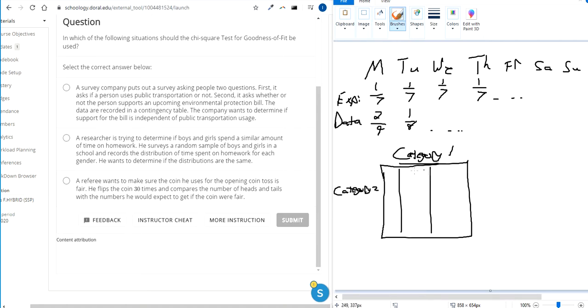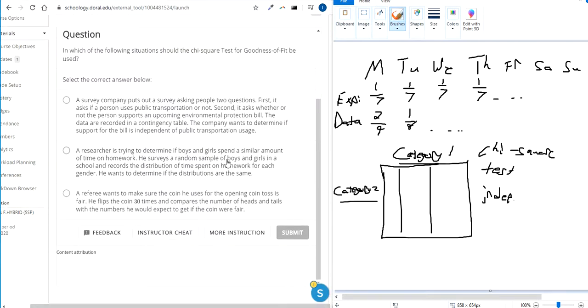You're testing to see whether these two categorical, in other words, these two qualitative variables are independent or dependent on one another. That's different than a chi-square goodness of fit test. So if they're trying to compare two categories and see if they're independent, that's a chi-square test for independence.